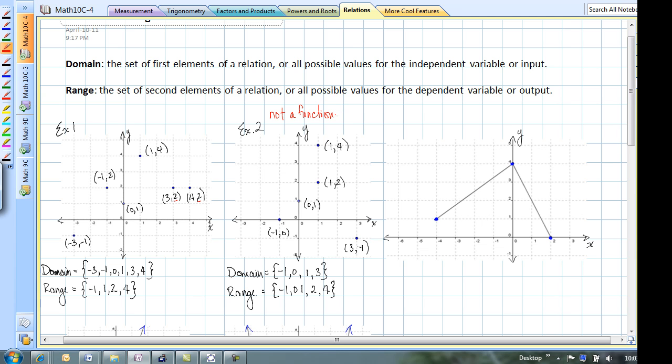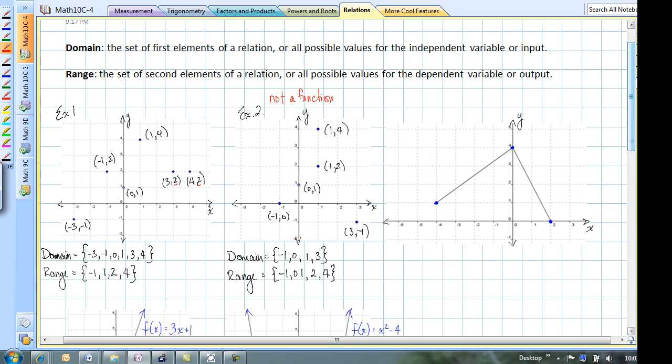When I take a look at my third graph, here we can see that it's no longer a discrete graph. It does have a distinct start and a finish as given by these dots, and so we do have to be careful with that. So let's take a look at our domain in this third example. We can see that our smallest value is -4.